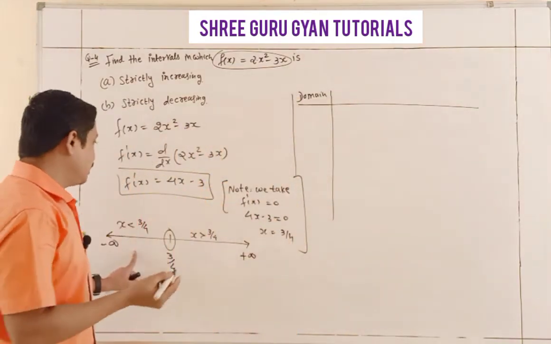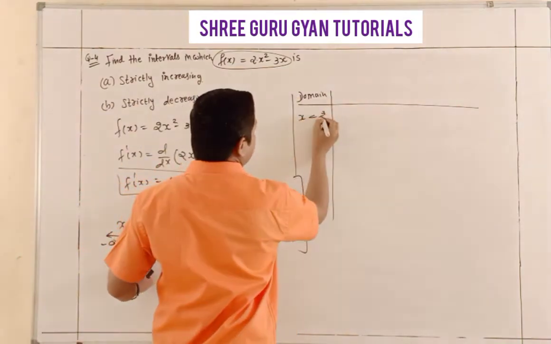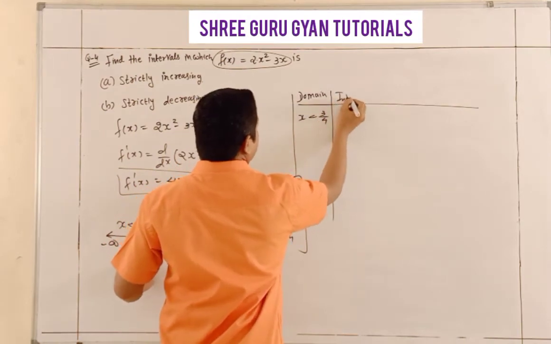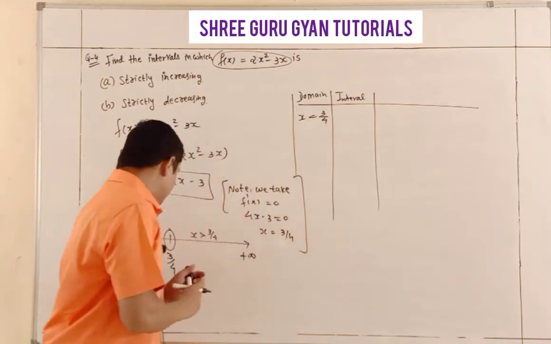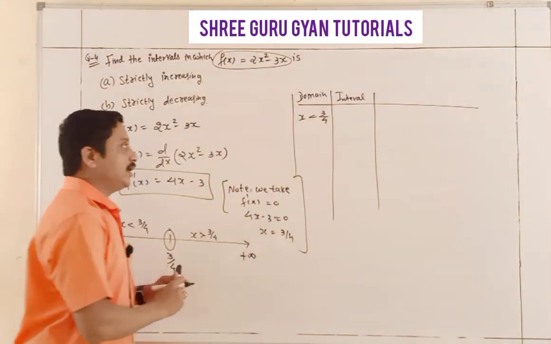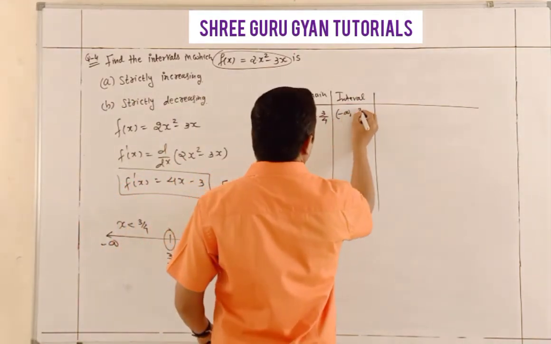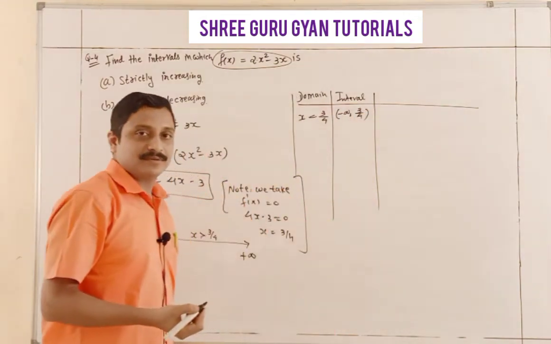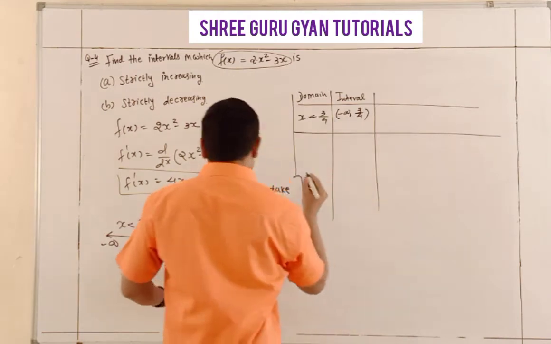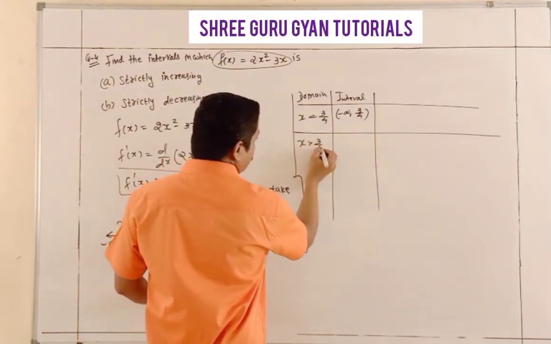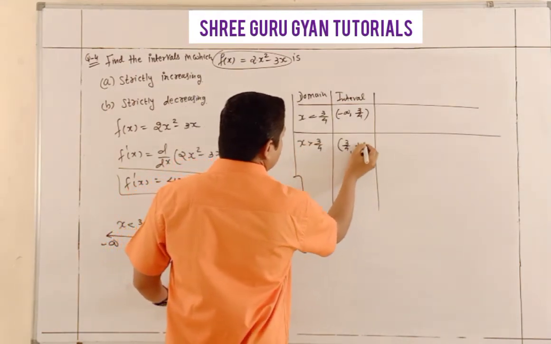First, x less than 3/4. Here my interval is minus infinity to 3/4. Same as second: x more than 3/4, the interval is 3/4 to plus infinity.